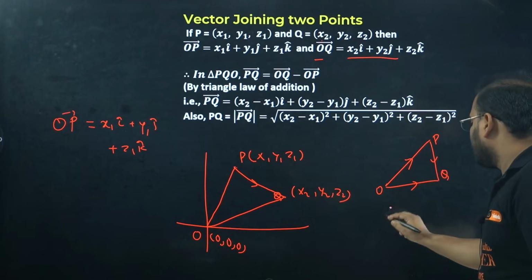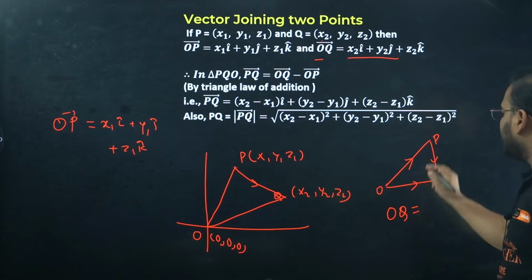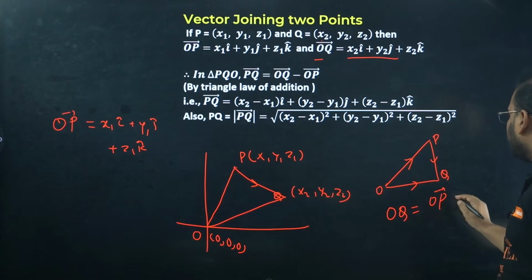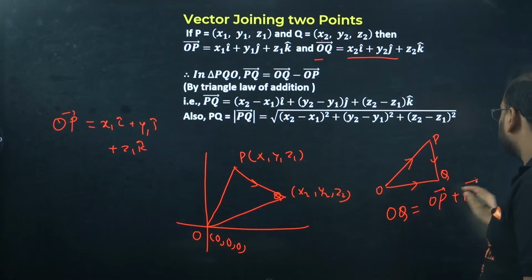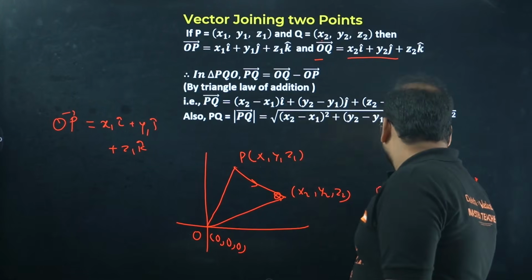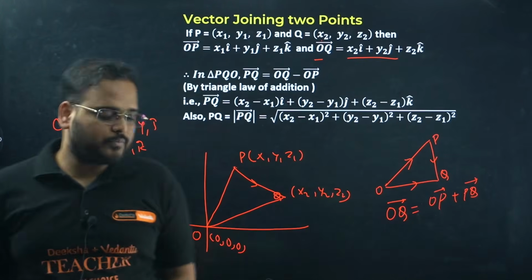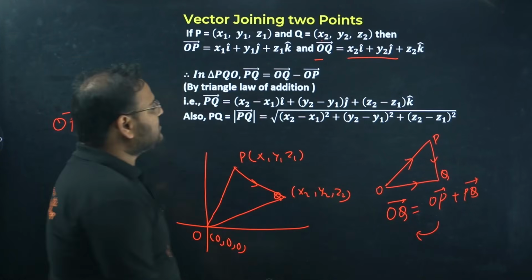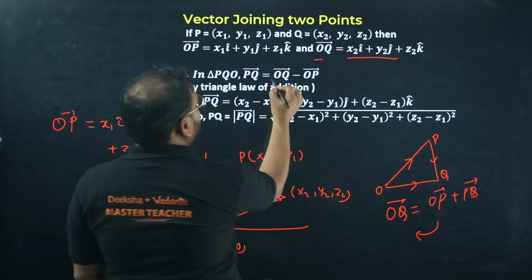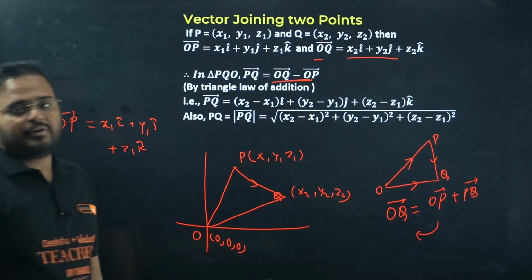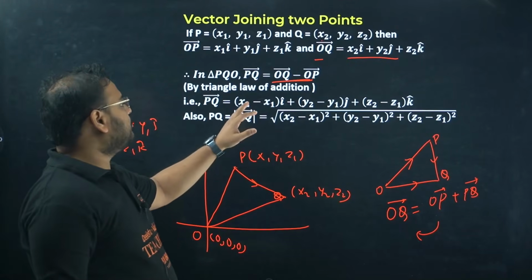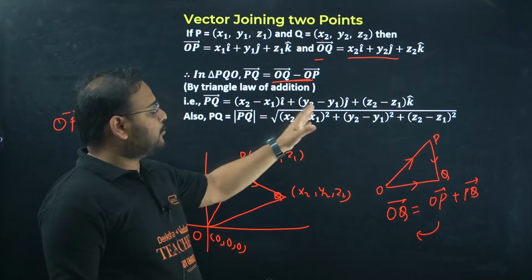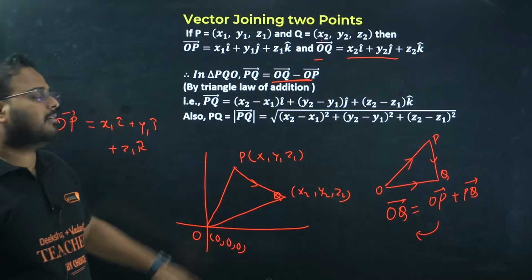OQ will be given by OP plus PQ. I want to find PQ, so I move OP over here: OQ minus OP. By the triangle law of addition, you have the components x1, y1, z1 and x2, y2, z2. Take the difference, and you get the vector PQ.